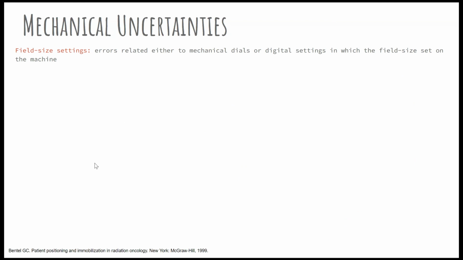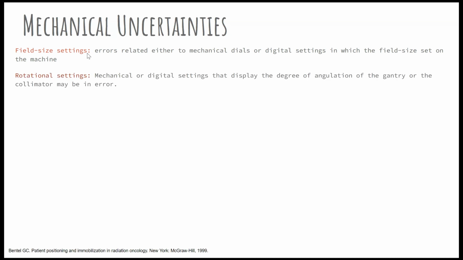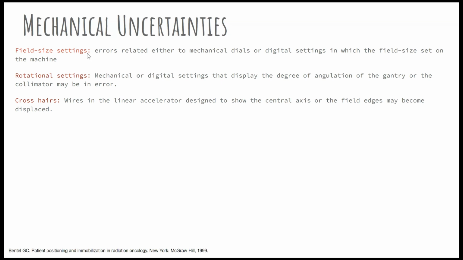So we'll follow these two general categories, the machine related and the patient related. Mechanical uncertainties can be due to the field size settings. There might be some difference in the mechanical dials or the digital settings. The rotational settings, the dials for rotation of the gantry, might be in error. Crosshairs: we have crosshairs in the linear accelerator which show the central axis, but then they may become displaced. They might not be the same as the actual central axis.